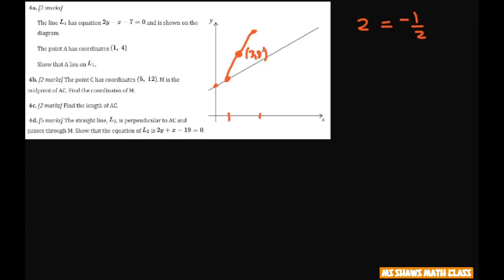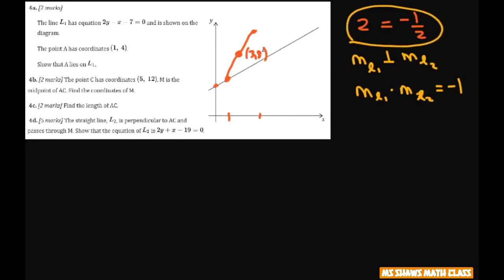To find the equation, remember that to show that the slope of a line is perpendicular to another line, you have to show that when you multiply the two slopes, it gives you negative 1. That's what it means by negative reciprocal.